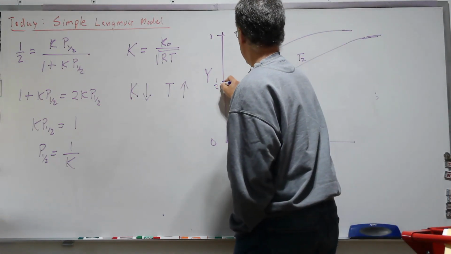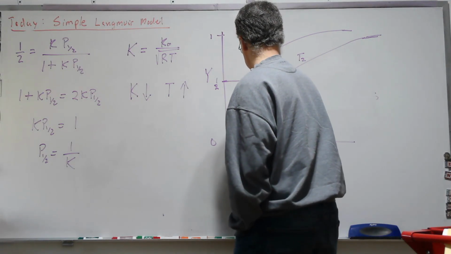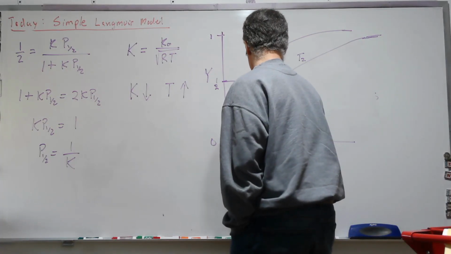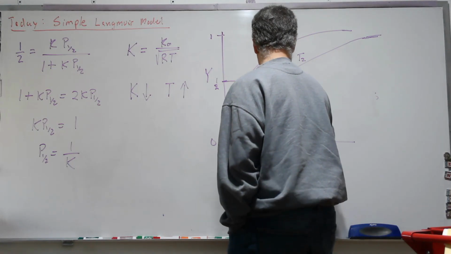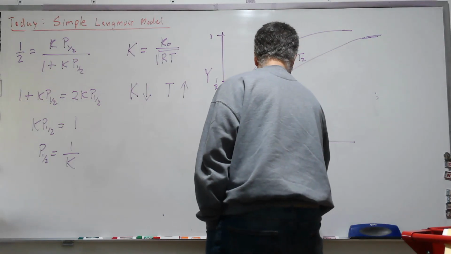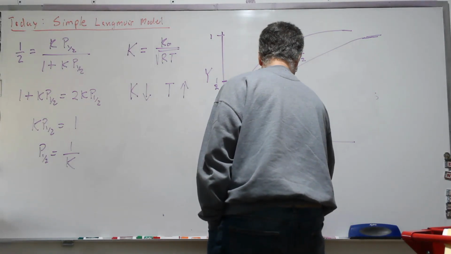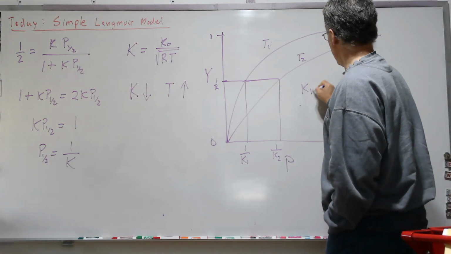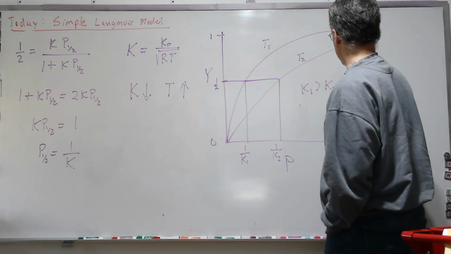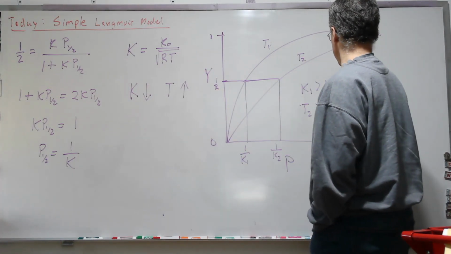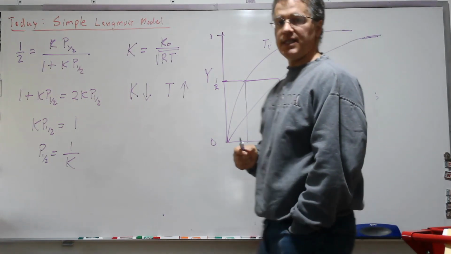Let's find that halfway point. So here we see K1 is greater than K2, and because of this inverse relationship, that says T2 is greater than T1.